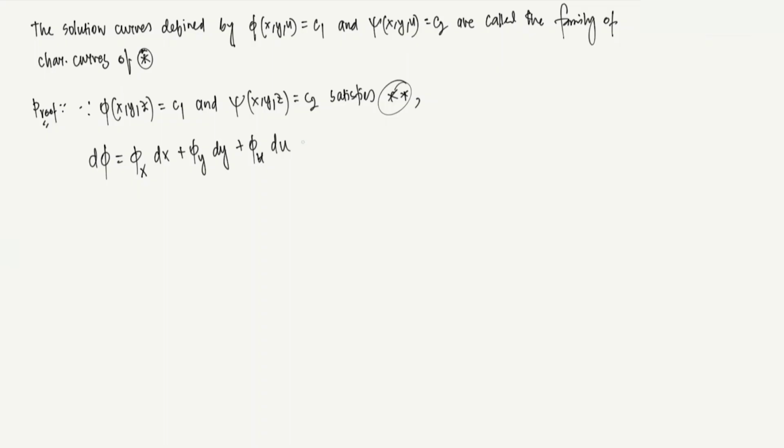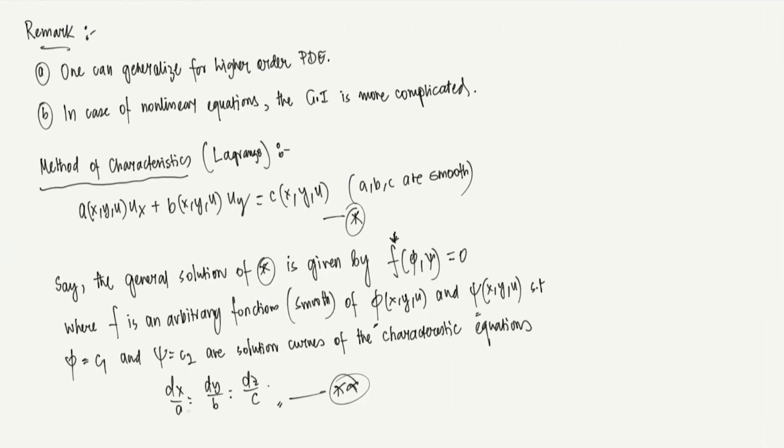And this is going to be 0, because phi is constant. So if you are taking the differential, that is going to be 0, right? And what is phi of x dx? Dx by a equals dy by b equals dz by c, or du by c if you want.